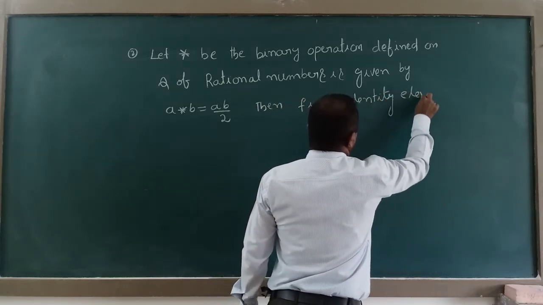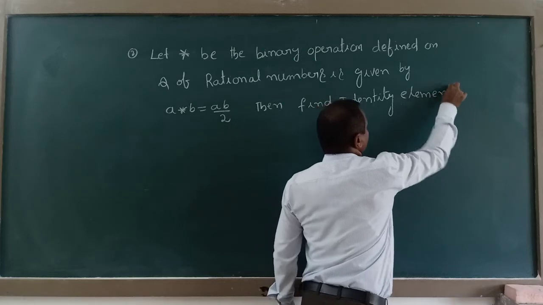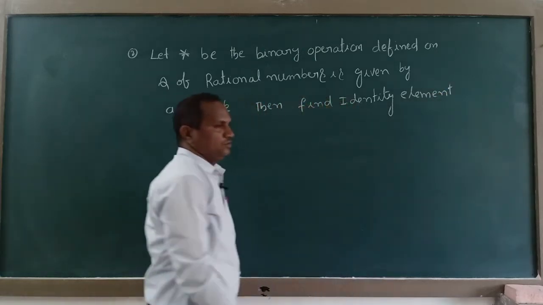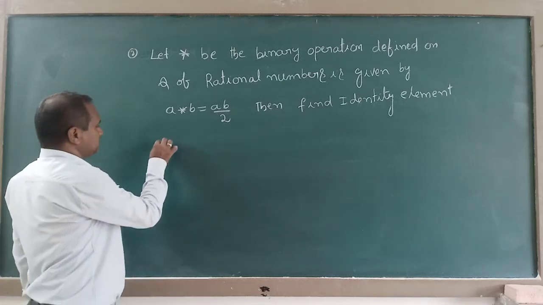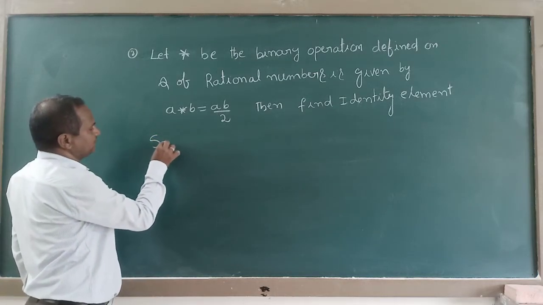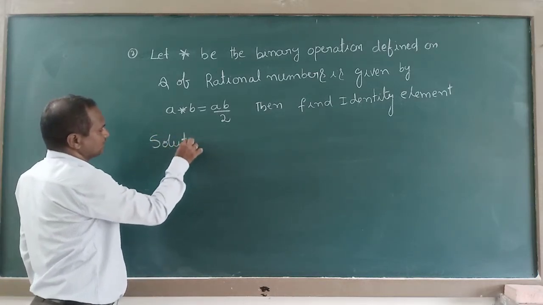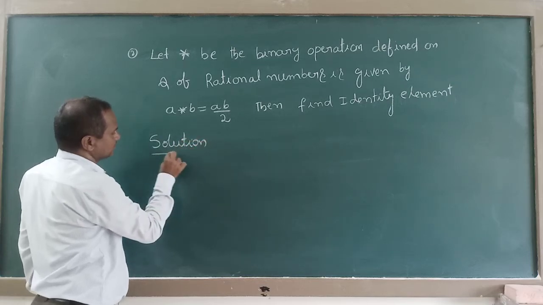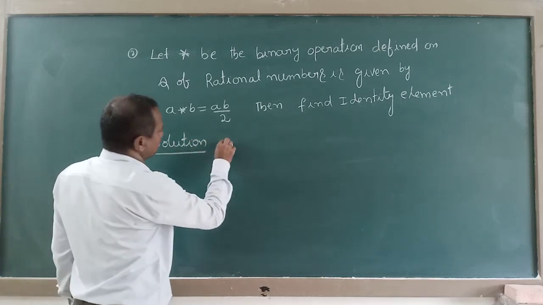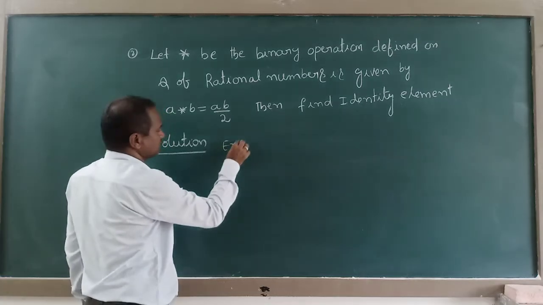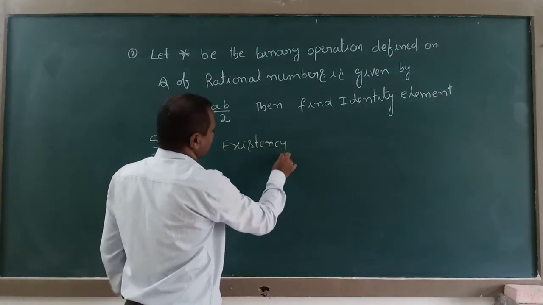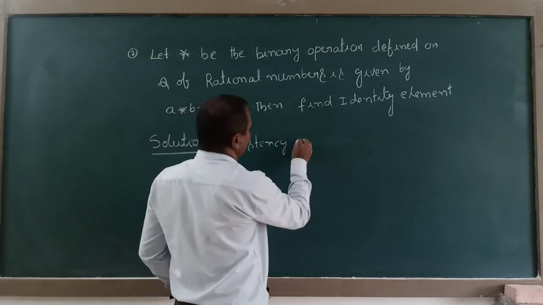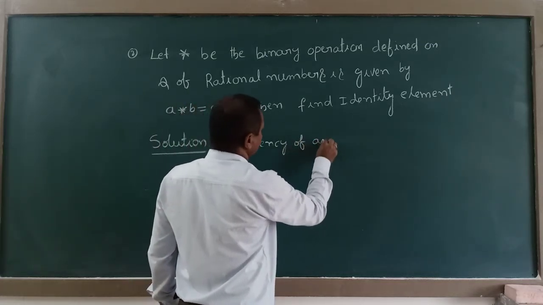Identity element for this given operation. How to find out an identity element for this? The solution for this question is existence of an identity element.